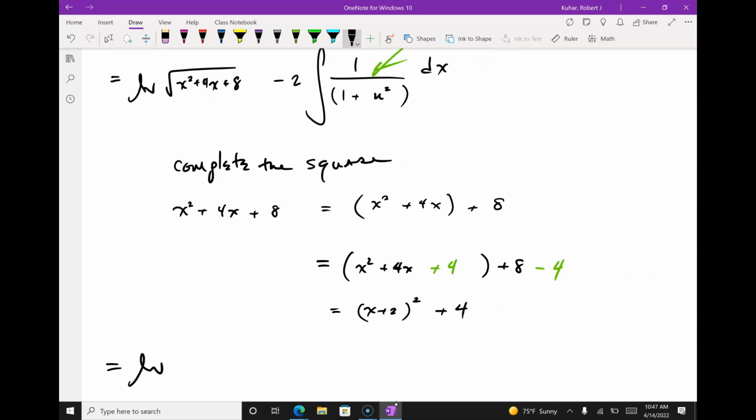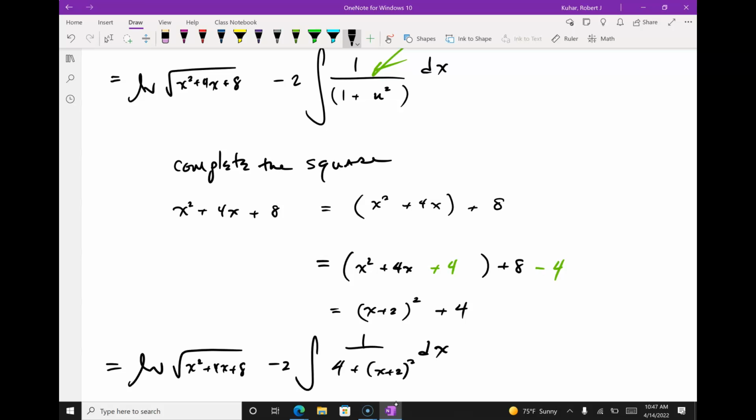So I've got the ln of the square root of x squared plus 4x plus 8 minus 2 times the integral of 1 over 4 plus x plus 2 quantity squared dx. What don't I like there? There's two things I don't like there. Oh, I also don't like the whole problem. I don't like the teacher.